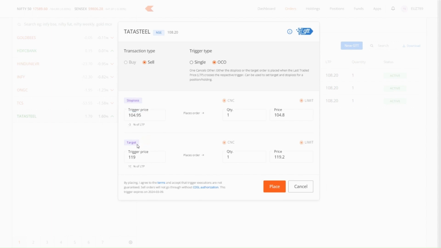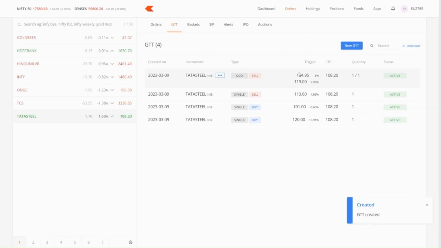Automatically the target order for this stock will be cancelled. So if you place this OCO order, you can see there are two: one is the target price, and the other is the stop loss price, both set for this same stock. So friends, I think you understood how we can better place these orders.